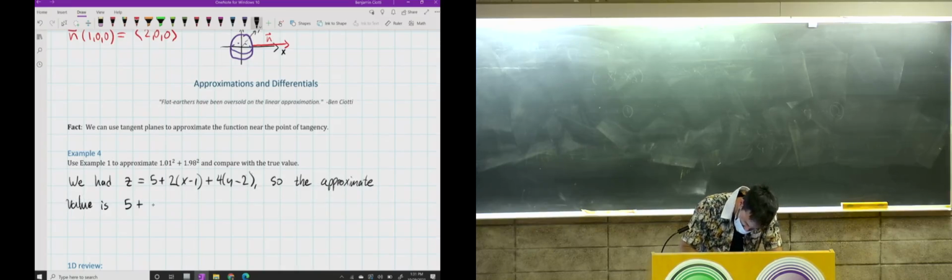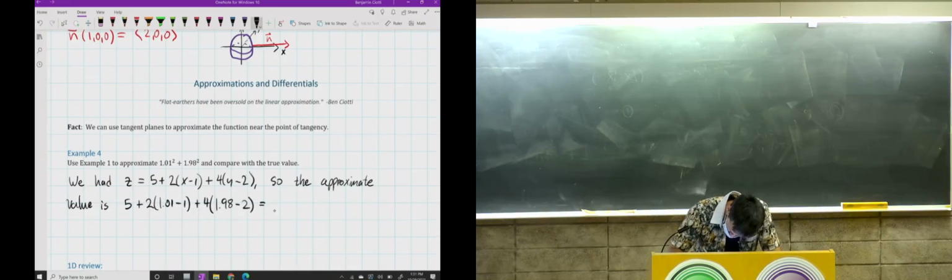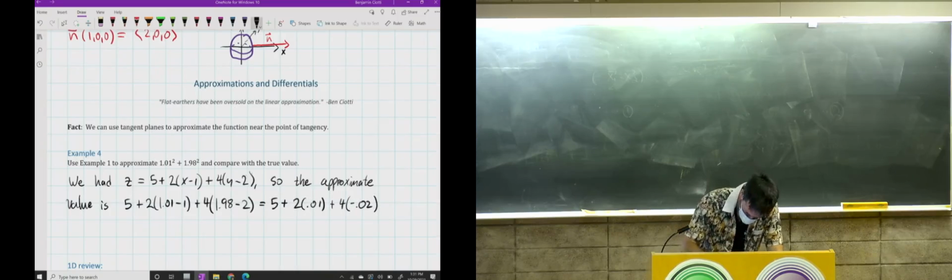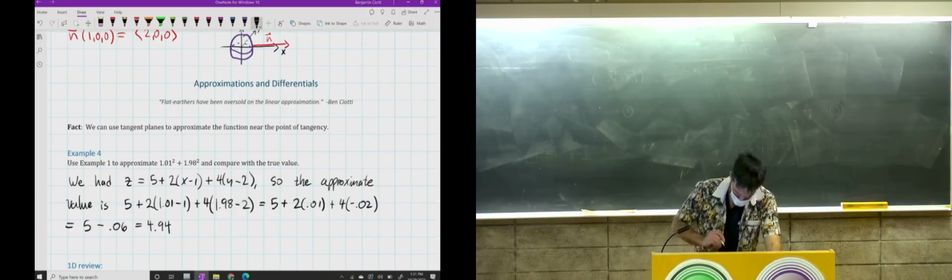That'll be 5 plus 2 times (1.01 minus 1), plus 4 times (1.98 minus 2). That's 5 plus 2 times 0.01 plus 4 times negative 0.02. That's 5 minus 0.06, which is 4.94.